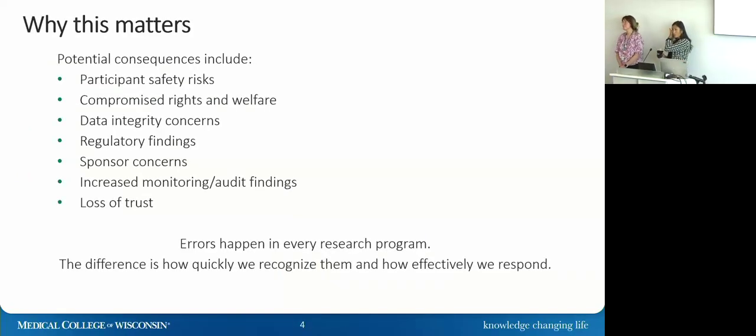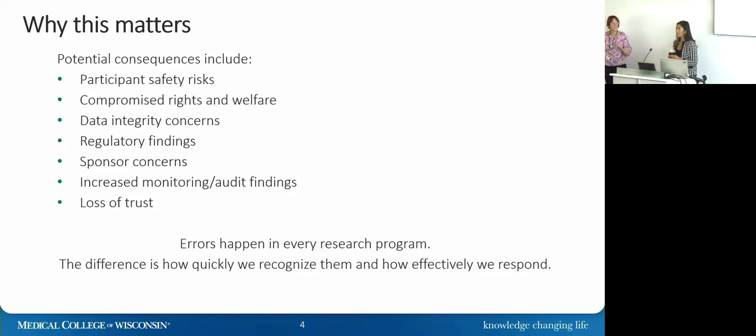So to dive deeper into why this matters. Again, we want to make sure we're keeping our participants safe. So when we identify issues, one of the things we want to think about is how does this affect the safety of a participant? We want to protect their rights and welfare. Also, the whole point of what we do in clinical research is to get generalizable knowledge out into the world, right? And the only way we can do that and for people to trust the information we're putting out in the world is to make sure we have integrity in our data.